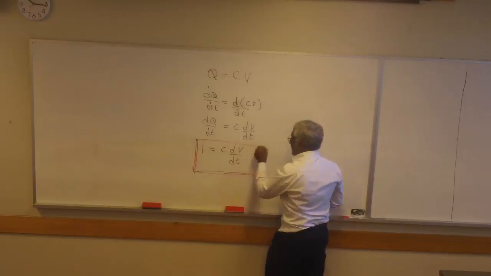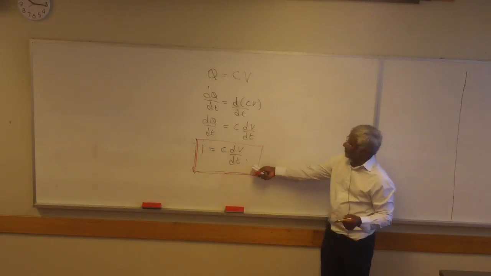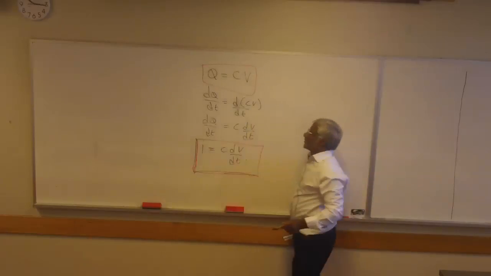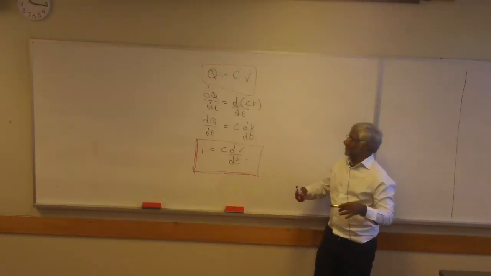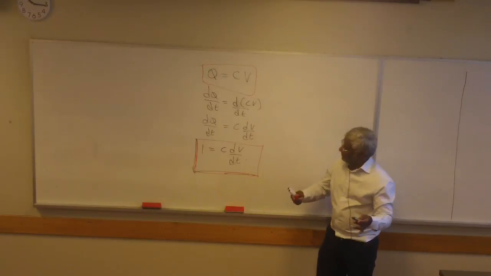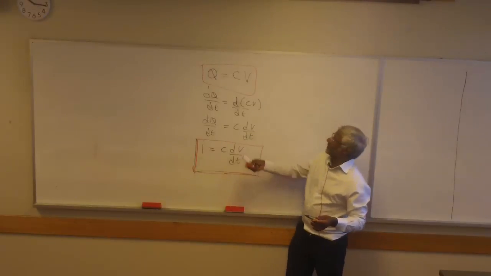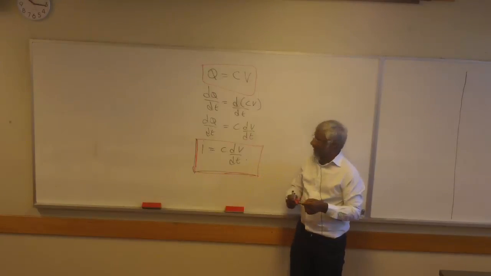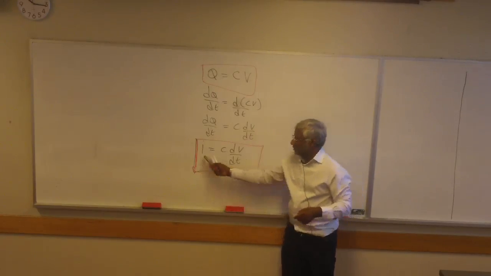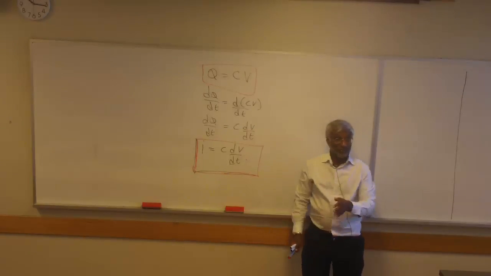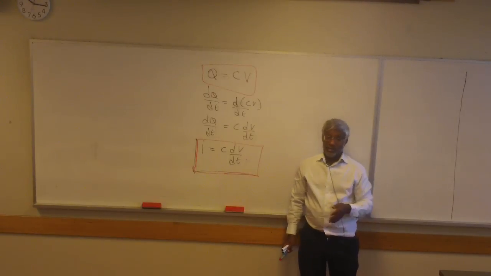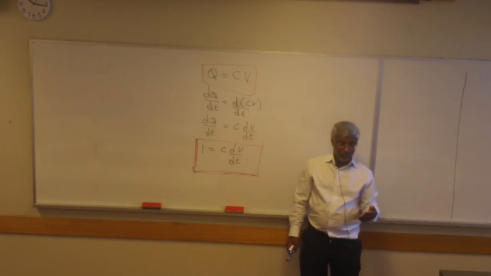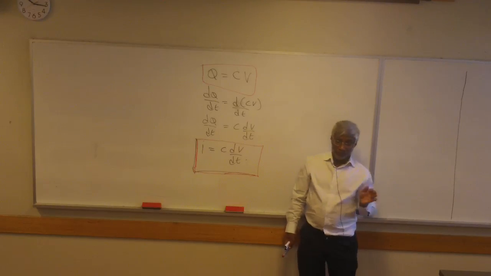That's a relationship, and we like that relationship better than the one between charge and voltage, because as electrical engineers we are more likely to deal with current and voltage rather than charge and voltage. Just like for a resistance, it's a nice proportional relationship between current and voltage.